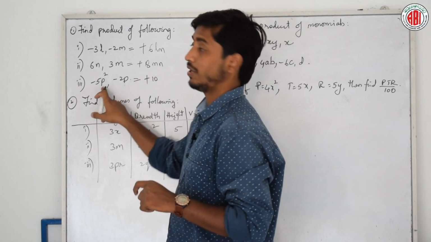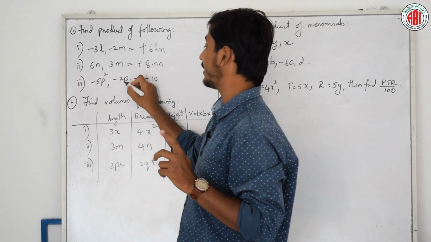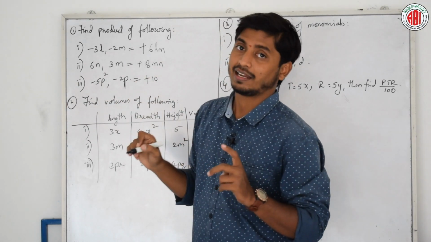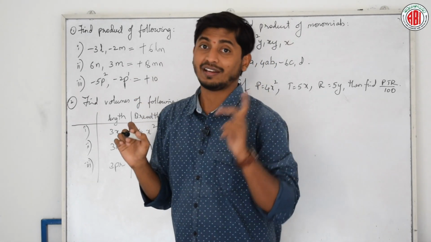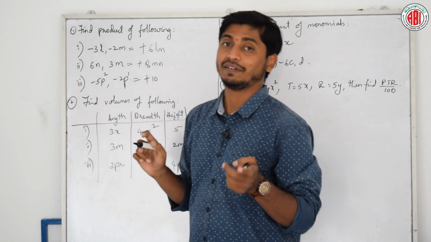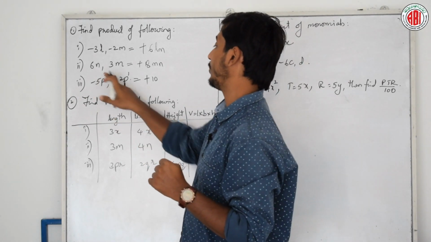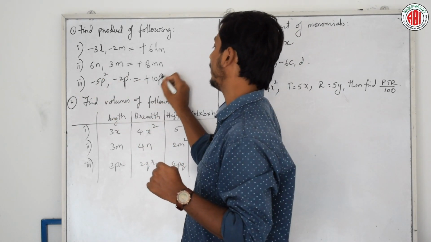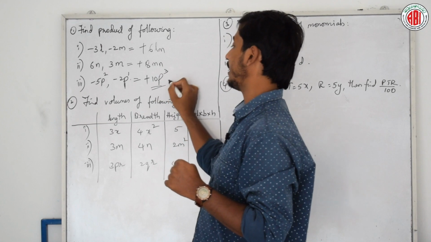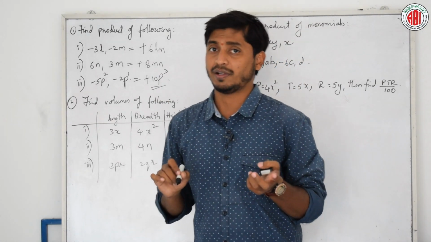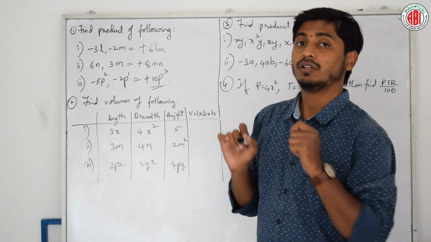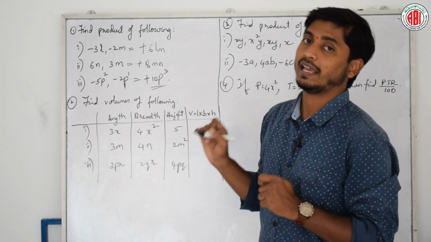Now here it is p square and here it is only p, that is p square into p. If you remember, a power m into a power n is a power m plus n. So p power 2 into p power 1 is p power 2 plus 1, that is p cube. Is it not easy to remember? The only thing is we have to be careful.